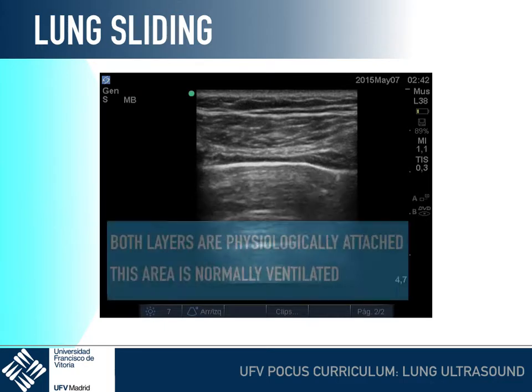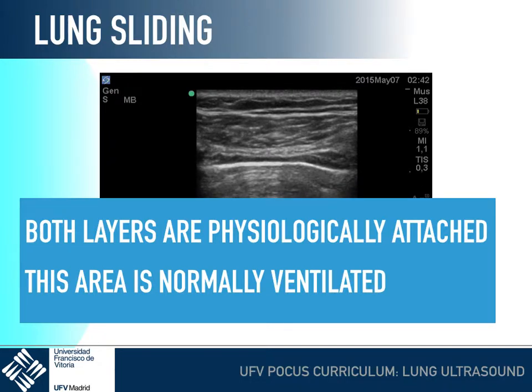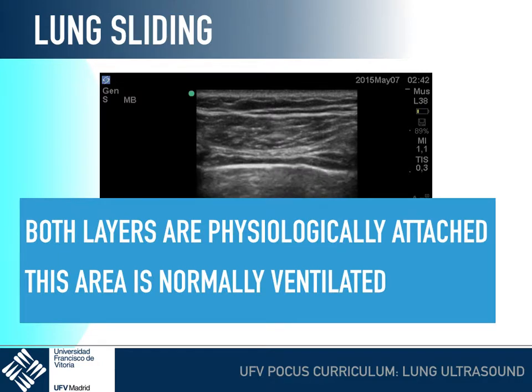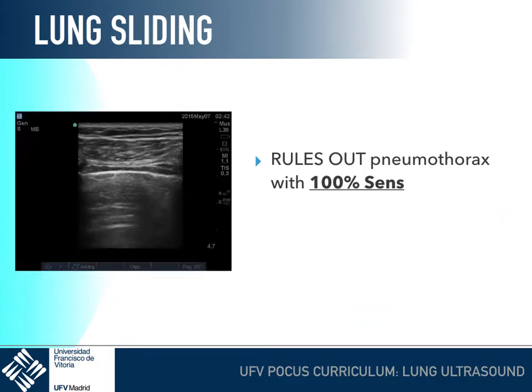This means that both layers of pleura are physiologically attached, and this area, showing the back and forth movement, is normally ventilated. So if these two conditions are normal, we can totally rule out a pneumothorax with 100% sensitivity.